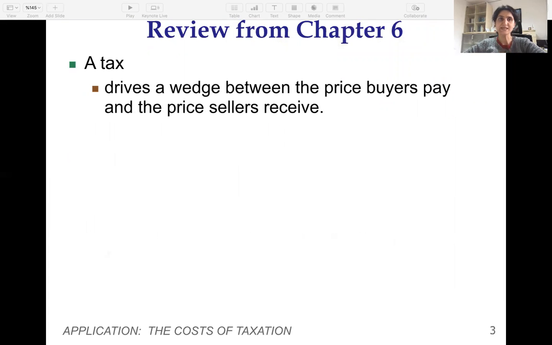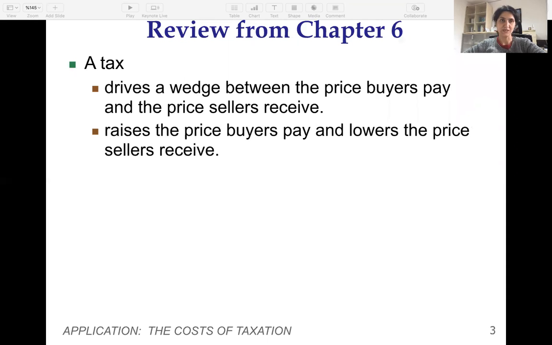A tax drives a wedge between the price buyers pay and the price sellers receive, right? So with the tax, we are going to have two equilibrium points. Initially, it was one, right? Buyers paid the same price as what sellers obtained. The tax raises the price buyers pay, lowers the price sellers receive, and reduces the equilibrium quantity bought and sold.